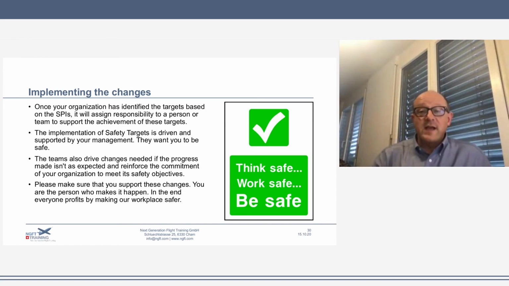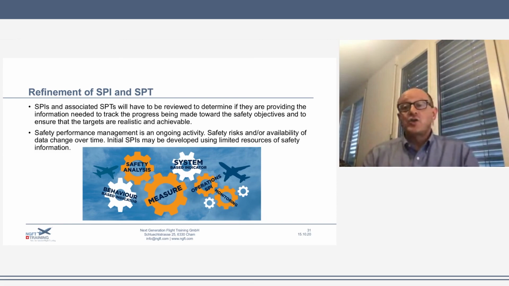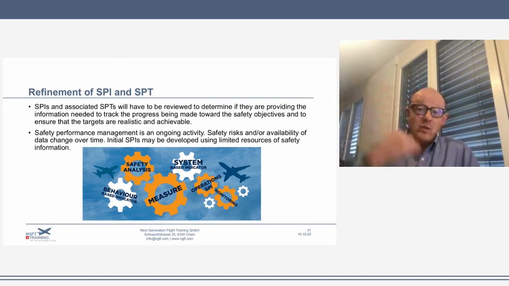So it takes commitment from management. At the same time, you should think about whether we need to update the safety performance indicators and targets. Do we still have the right indicators? Do we still have the right targets? Or do we need to adapt them based on what we have learned?